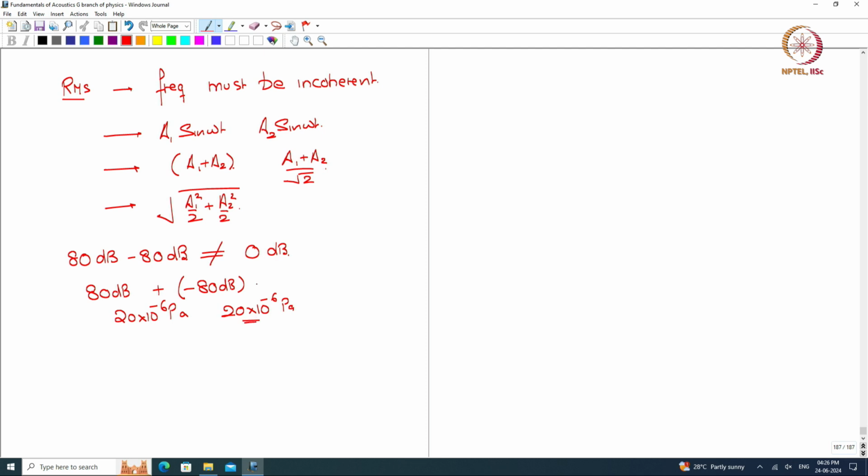So this is negligible, and the result is approximately 80 dB. And the other point is, in dB addition, if you get the same values, you get an increment of 3 dB. These are quick ways of adding dBs. So I will close the lecture here and we will continue in the next class.